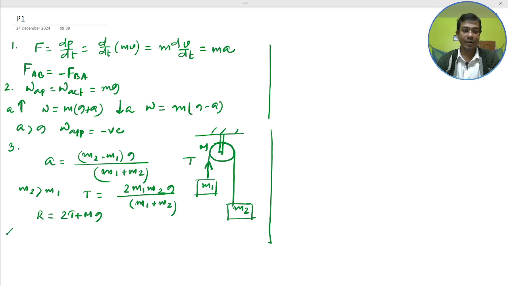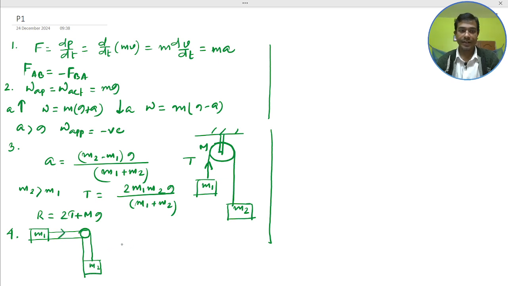This is figure 1, and the next one is of this type. Here the mass m1 and this is the mass m2.